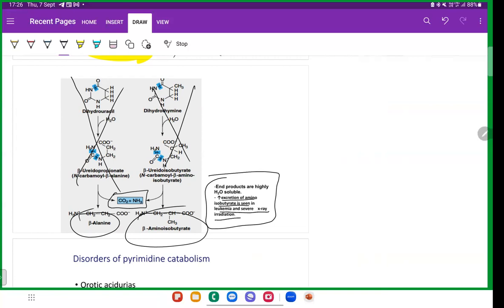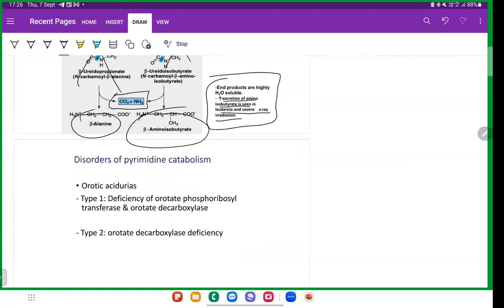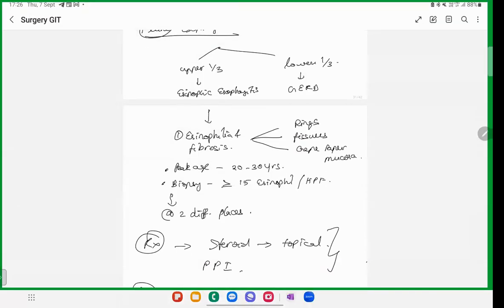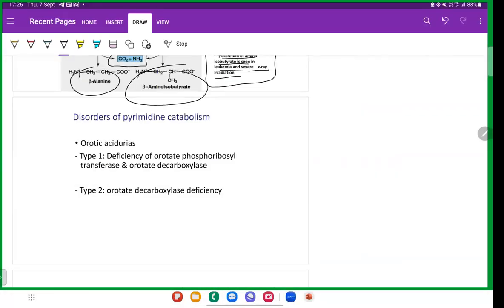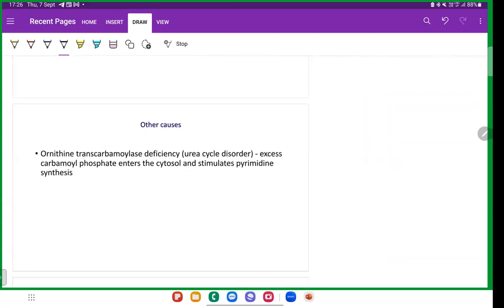So that's all. So what are the disorders of pyrimidine catabolism? So you have this orotic aciduria. So what is your orotic aciduria? Deficiency of orotate phosphoribosyl transferase and orotidylate decarboxylase gives type 1, and type 2 is only orotidylate decarboxylase enzyme deficiency. Okay, so you have this ornithine transcarbamylase deficiency, a urea cycle disorder.